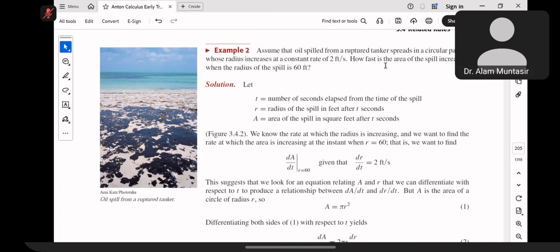That means as time passes, the radius gets bigger and bigger, right? So to deal with such a problem, we must follow the formula of the area of a circle.